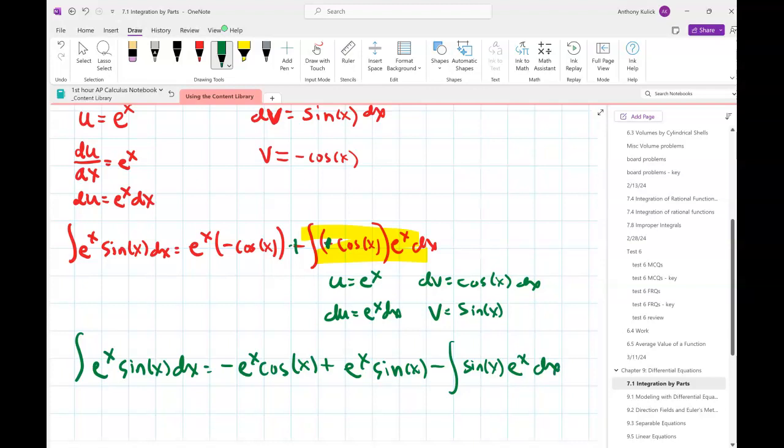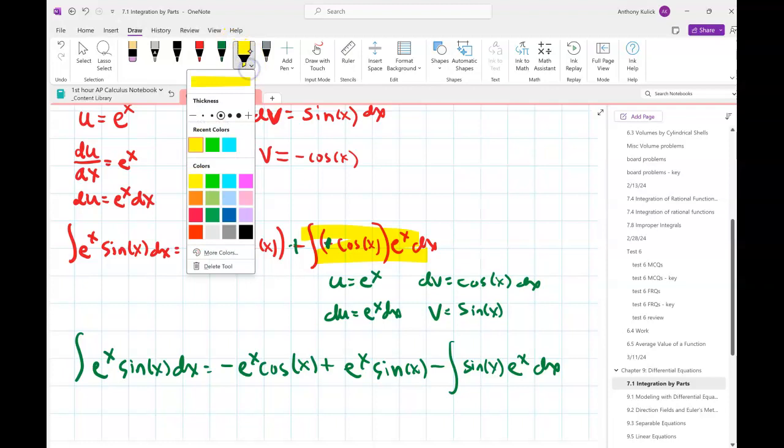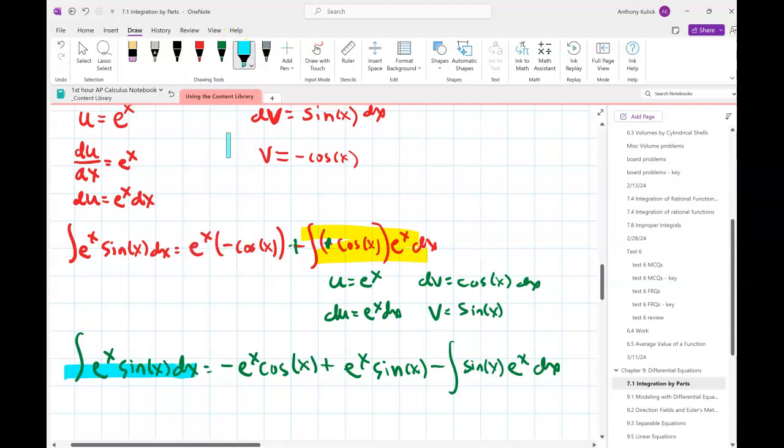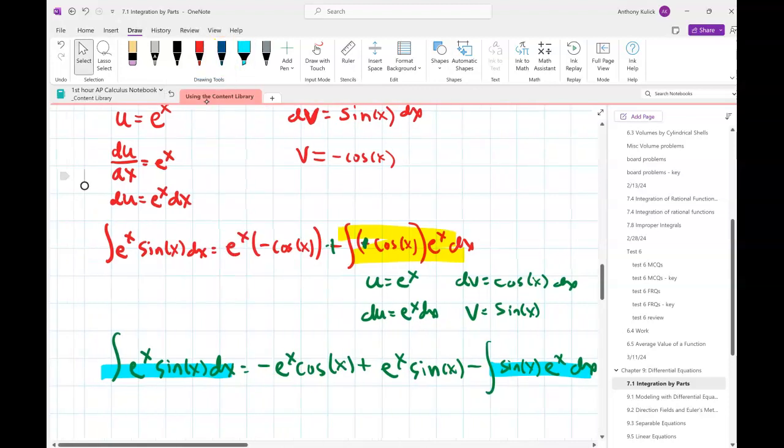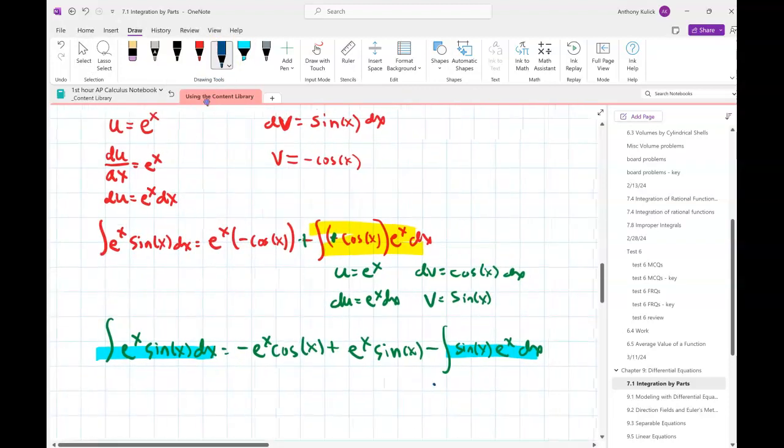I'm going to pause here and let you look at this and see if anybody sees it. The same as the original one. It's the exact same. But that's good news. Because what can we do now? Add it.